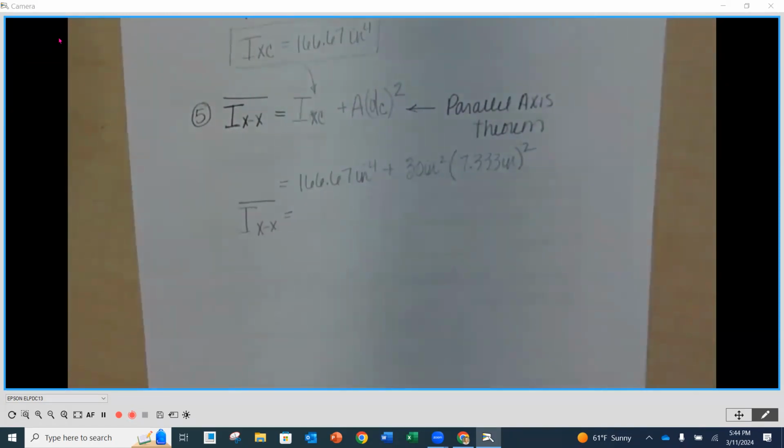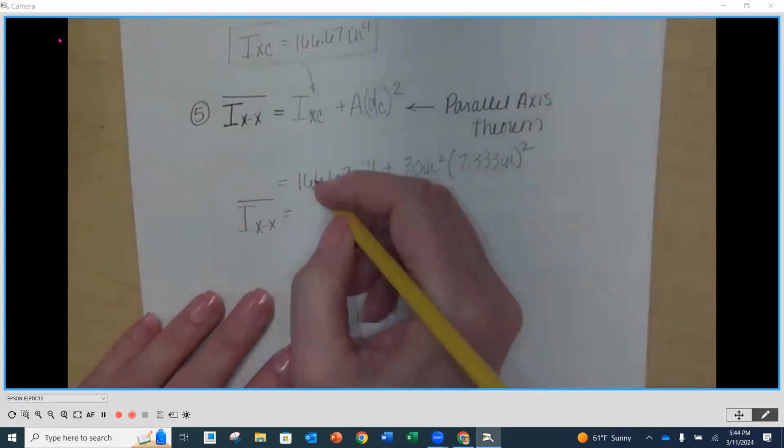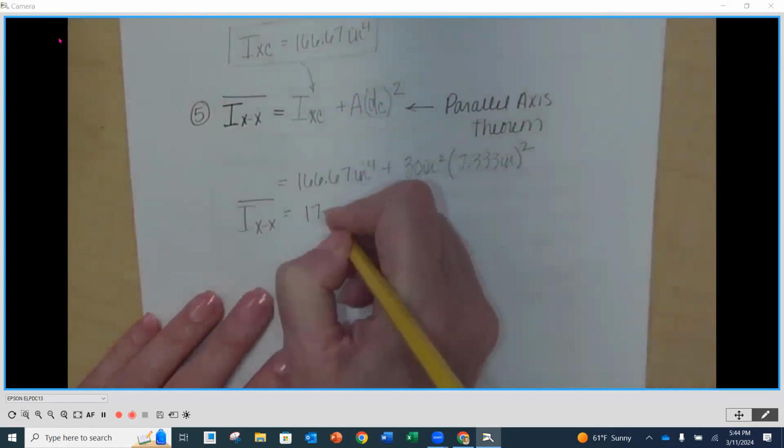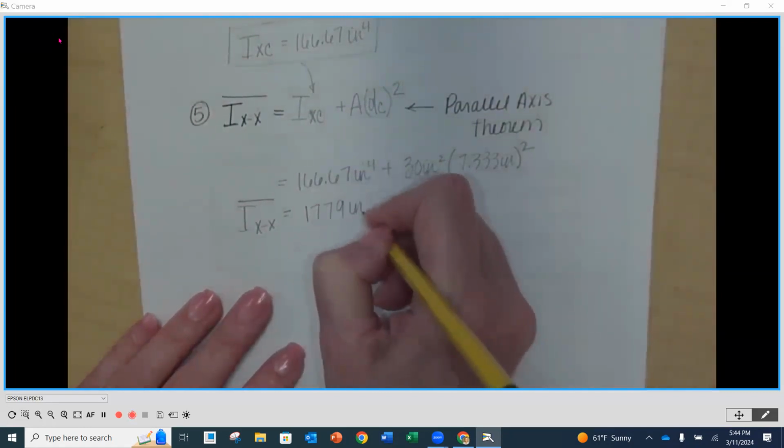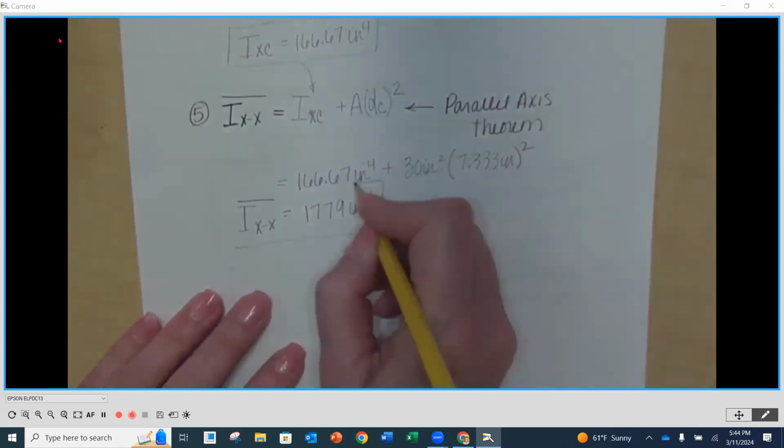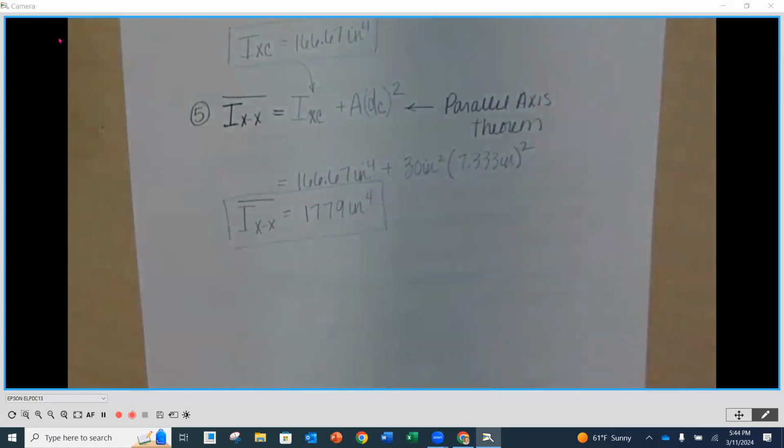So our total moment of inertia, you get 779 inches to the fourth, or I think the book says 1780. They go to 3 significant digits, inches to the fourth.